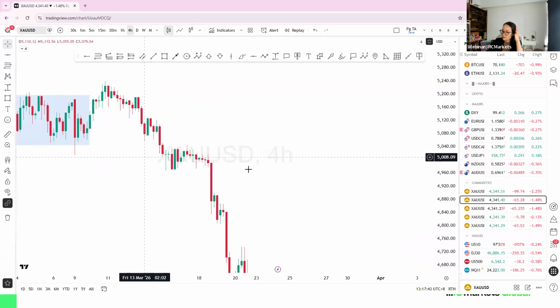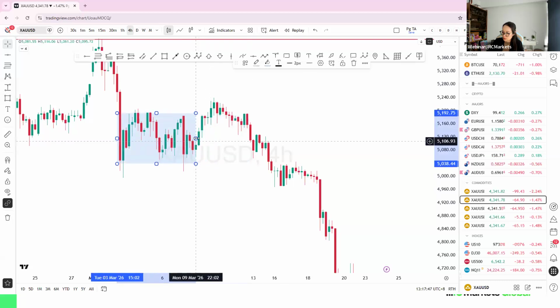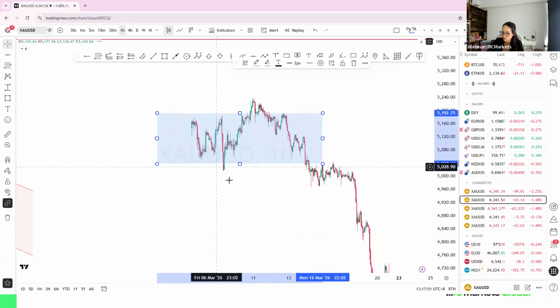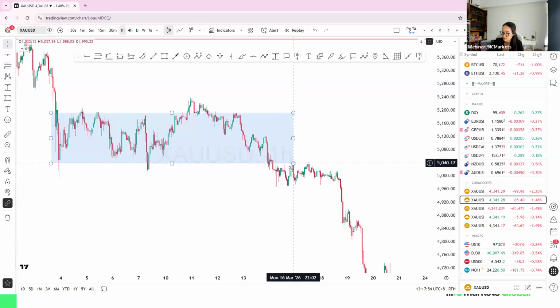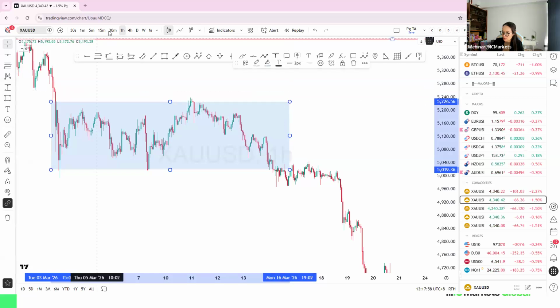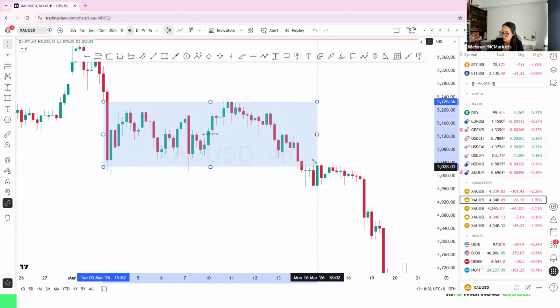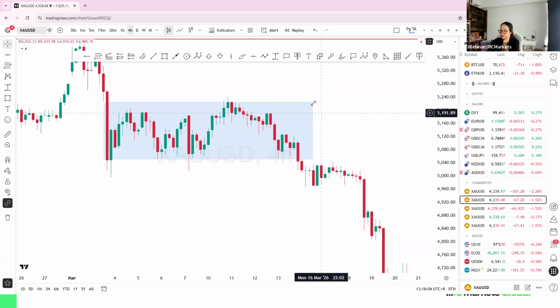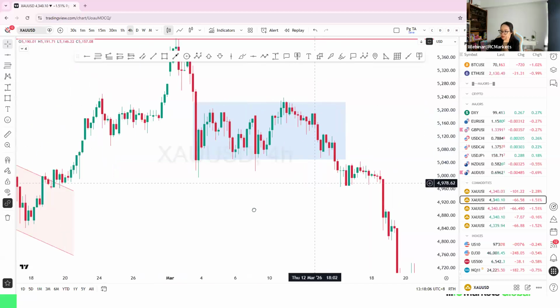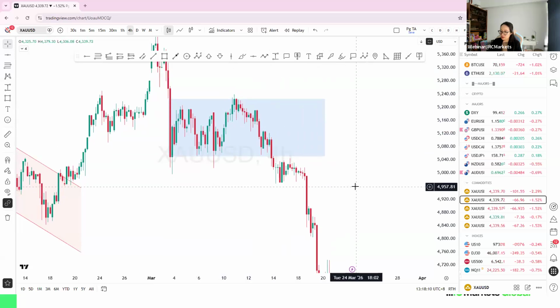One is here. One, you can say like this level, but I think I draw it in H4, which is here. Okay, you see that? They break out and then you wait for retest.